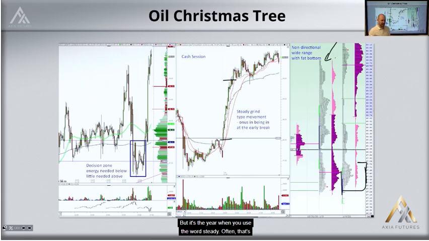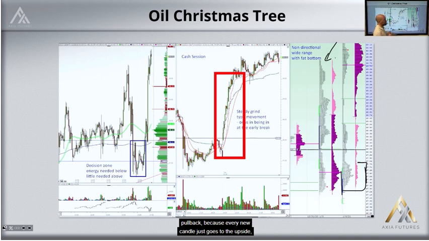But when you use the word steady, often that's assumed to mean slow. It doesn't have to mean slow, it's more about consistent. And what this shows, and what this enables you to see, is that you don't get the chance to buy a pullback, because every new candle just goes to the upside.